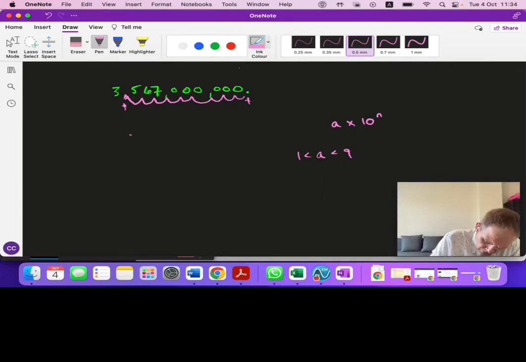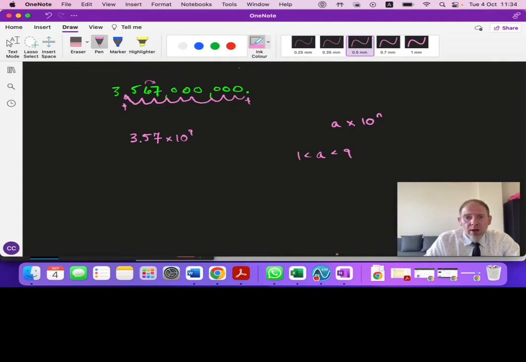So when I rewrite this, this is going to be 3.5, and here I'm going to do my rounding. I'm at 6. I look at the number before it. It's 7. So I'm going to rewrite this as 3.57, and then I'm going to multiply it by 10 to the 9th power, because I had to move it forward 9 spaces.